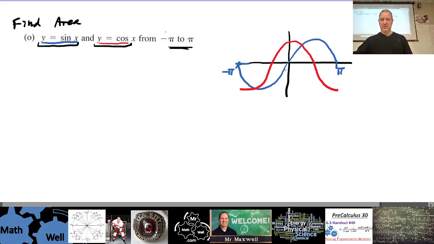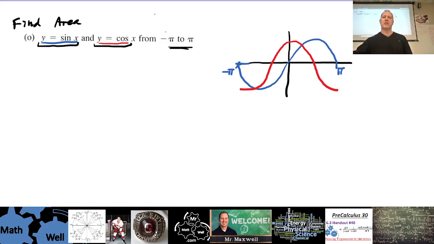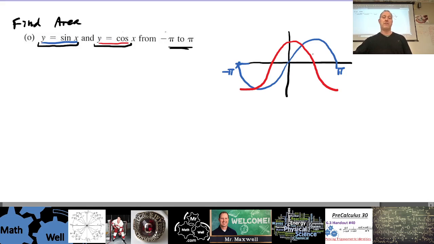I wouldn't say I drew this real well, but we see that we have a number of sections.